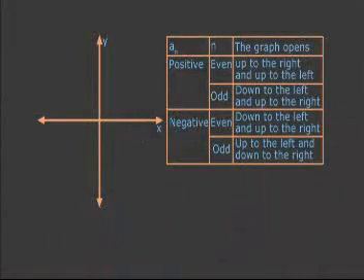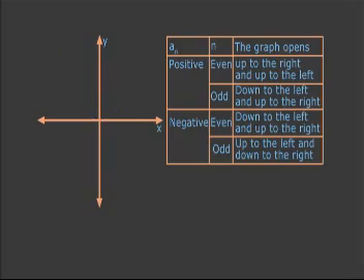This table summarizes the different graphs that are created depending on the value of the leading coefficient and the value of the exponent. If the leading coefficient is positive and the exponent is even, the graph opens up to the right and up to the left as seen here.